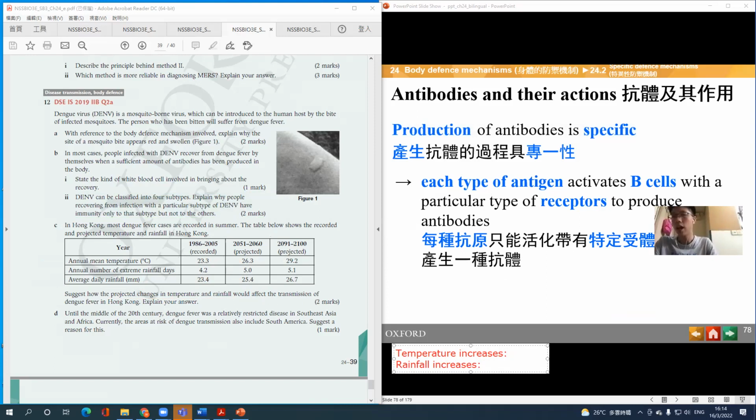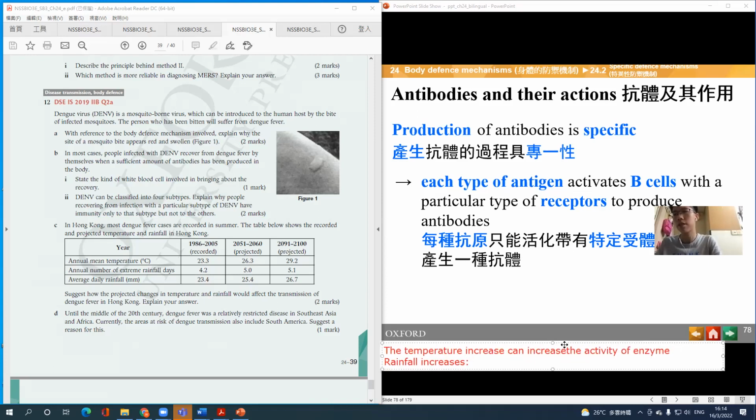Okay, and you can imagine when temperature increases, the temperature increase can increase the activity of enzyme.